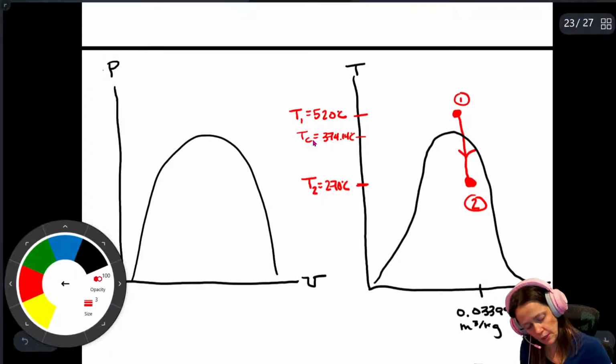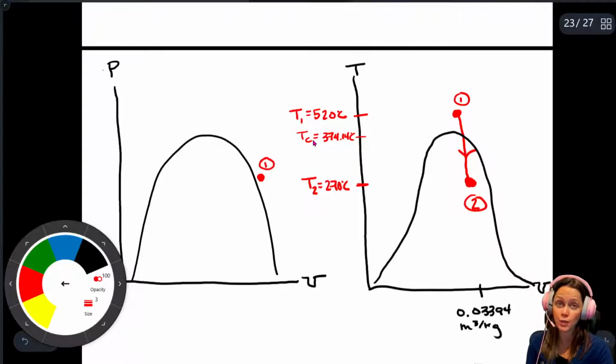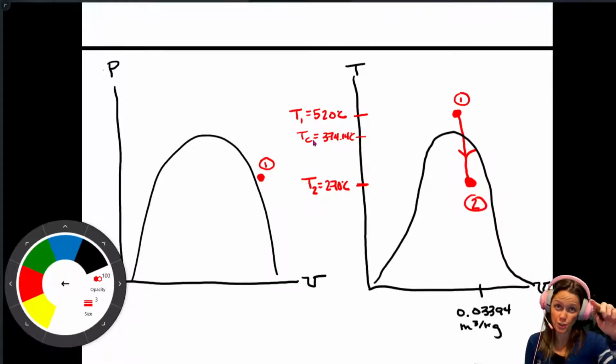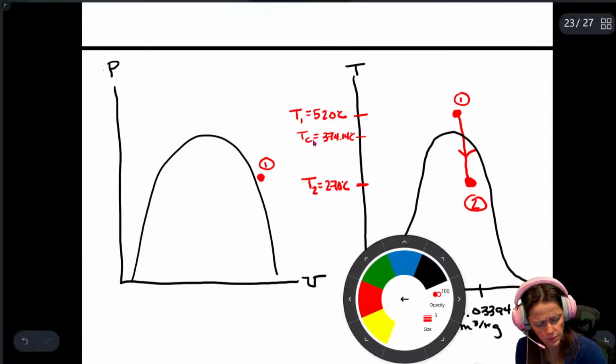And then over here, so we were at 100 bar, and it was in the superheated region. Remember that critical pressure. If you look it up in table A1, the critical pressure at the top of that dome is actually 220 bar, 220.9, I believe. So it's actually below that. So this is our P1, 100 bar.